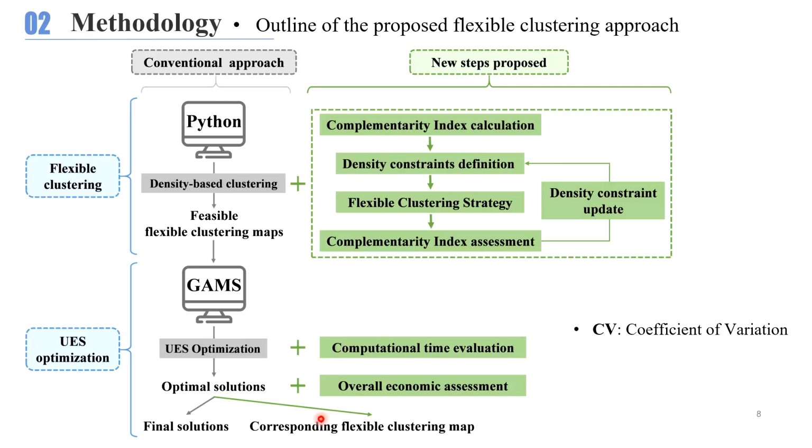Eventually, an overall economic assessment is applied to compare the optimal solution based on the above flexible clustering maps and the final optimal solution obtained from the basic map. The corresponding clustering map will be further identified in the end.